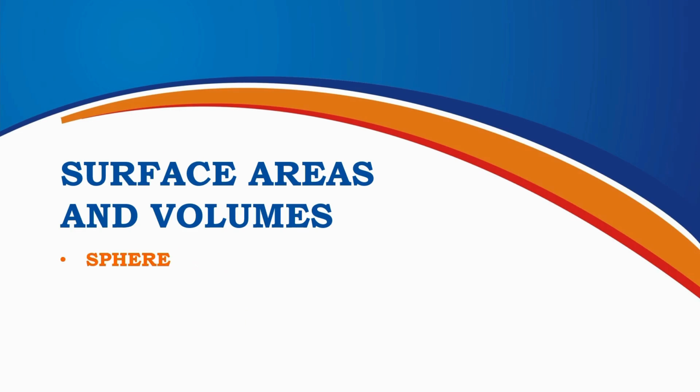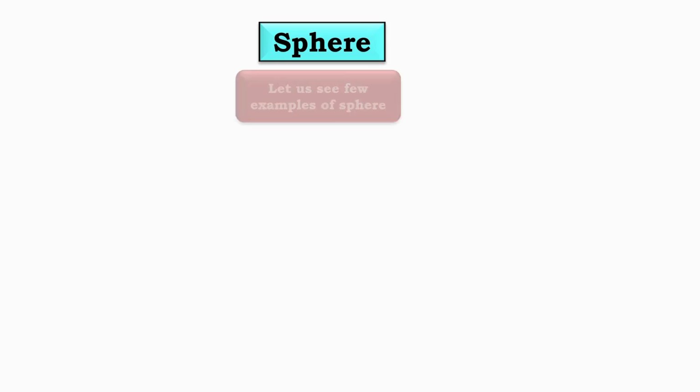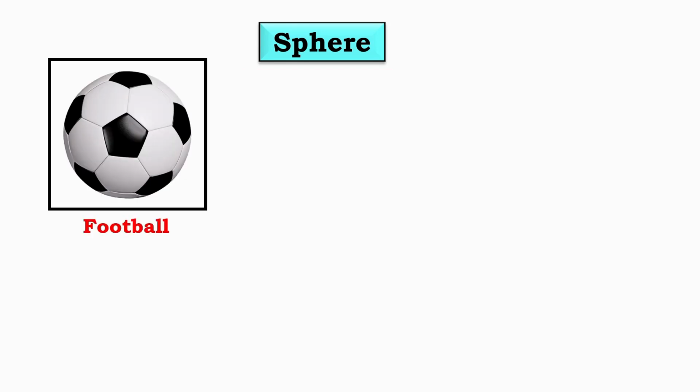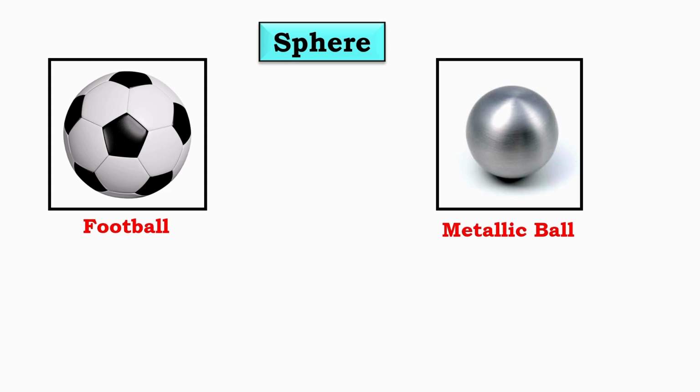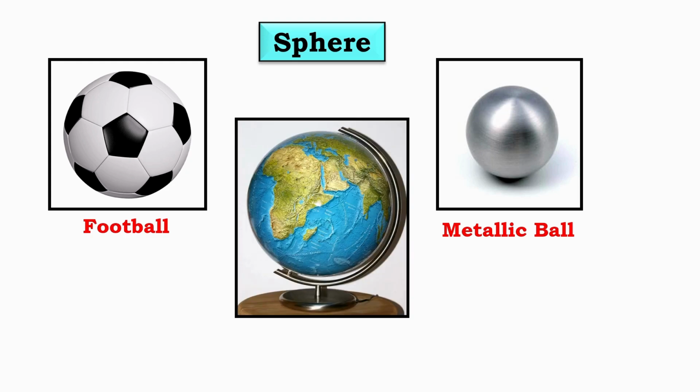Now we will take a look at what a sphere is, and also we will solve some problems on sphere. Okay, so now let us see a few examples of a sphere. Like a football. Basically a sphere is nothing but a 3D figure of the circle. A metallic ball is also a sphere.